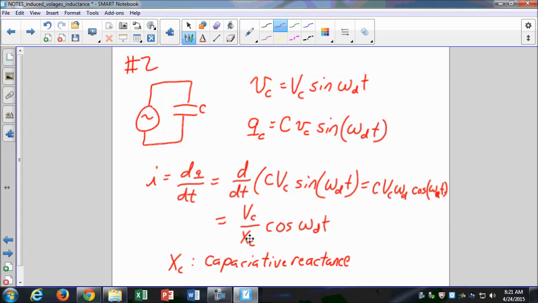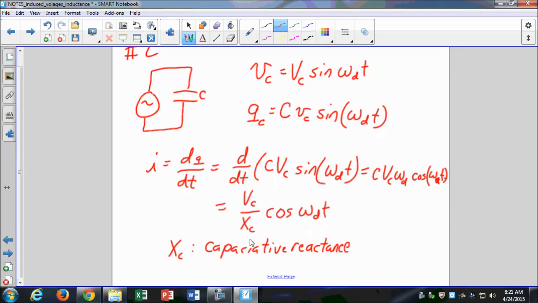You can think of this sort of like the resistance that the capacitor does. We'll treat it like a resistance next time, so it makes the calculations a little easier. And XC is equal to 1 over omega d C.